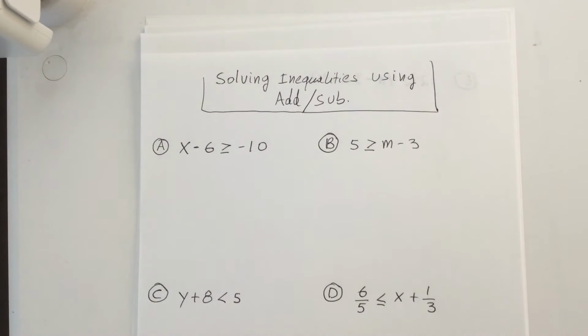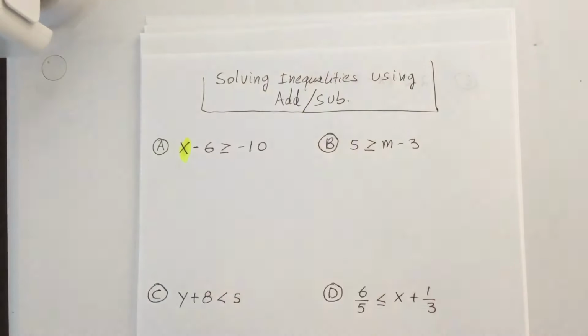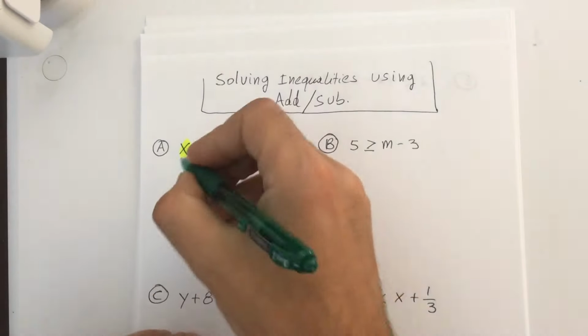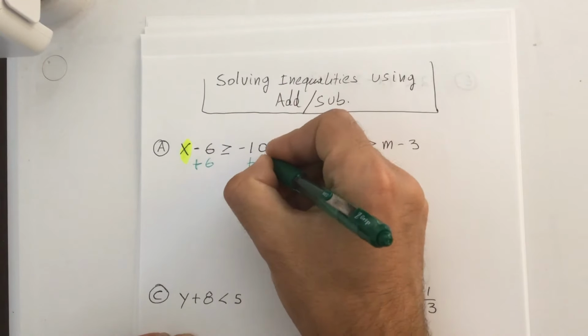x minus 6 is greater than or equal to negative 10. To solve an inequality, you're going to be using inverse and opposite operations, just like a regular equation. So in this case, you try to isolate the x. To isolate the x, you need to add 6 to both sides of the inequality.